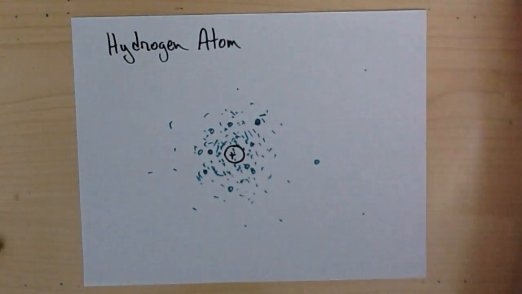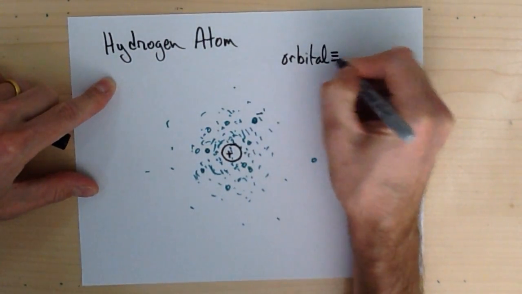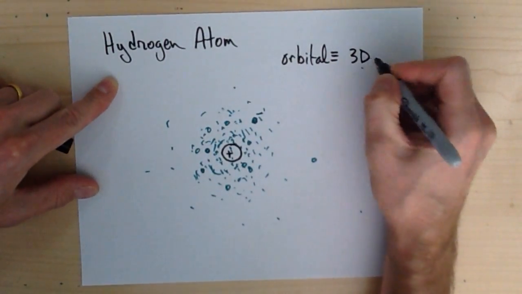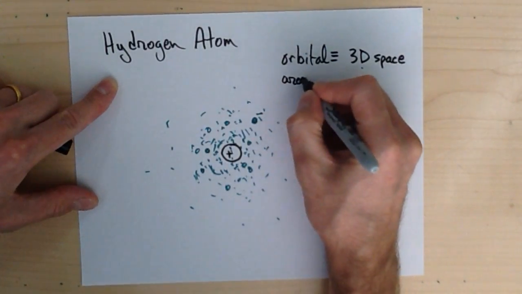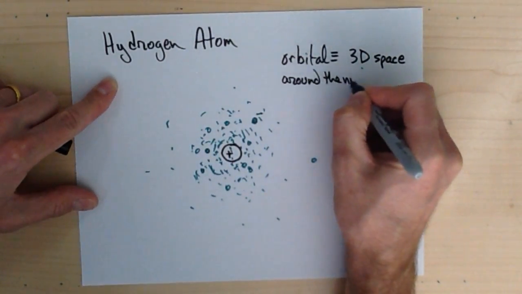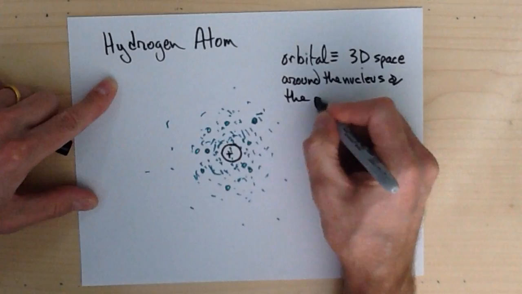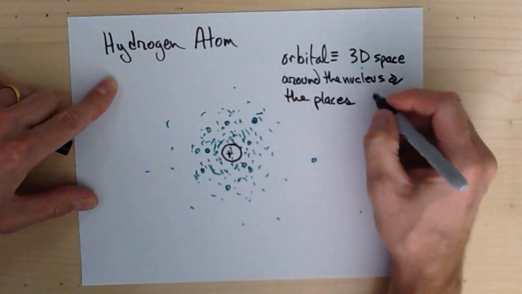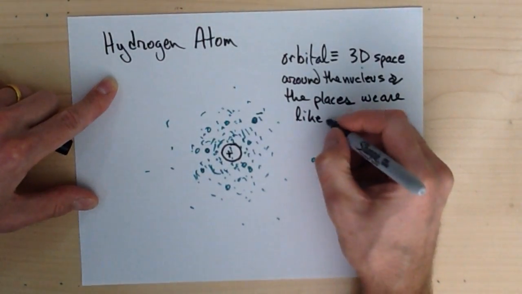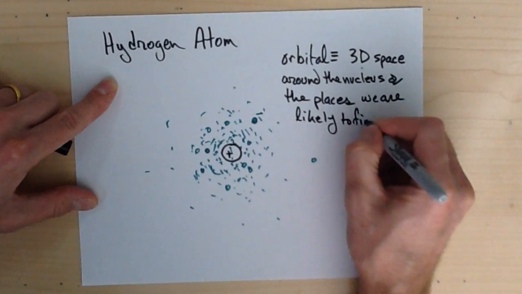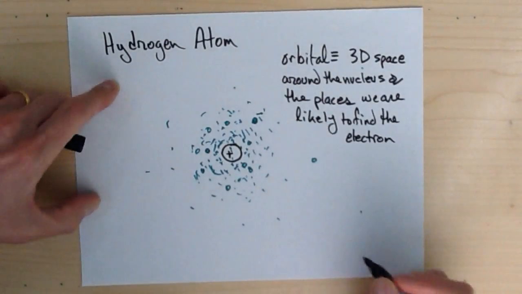So an orbital is the three-dimensional space around the nucleus of all the places we're likely to find the atom. I'm sorry, likely to find the electron. All right, very good. So that's the orbital.